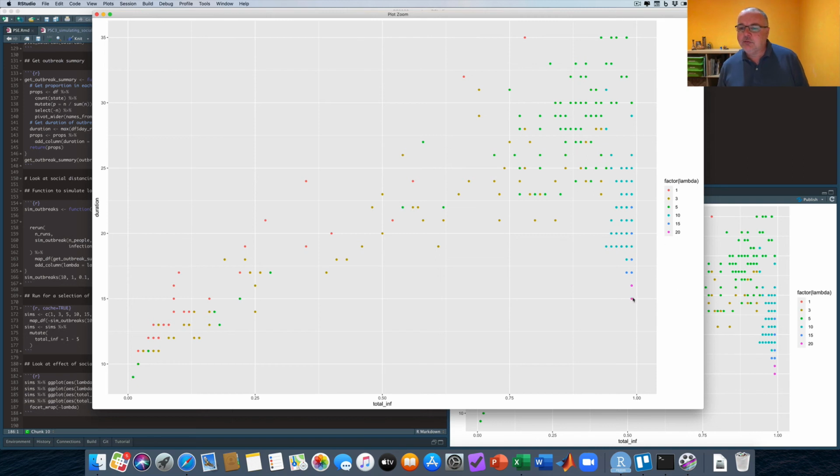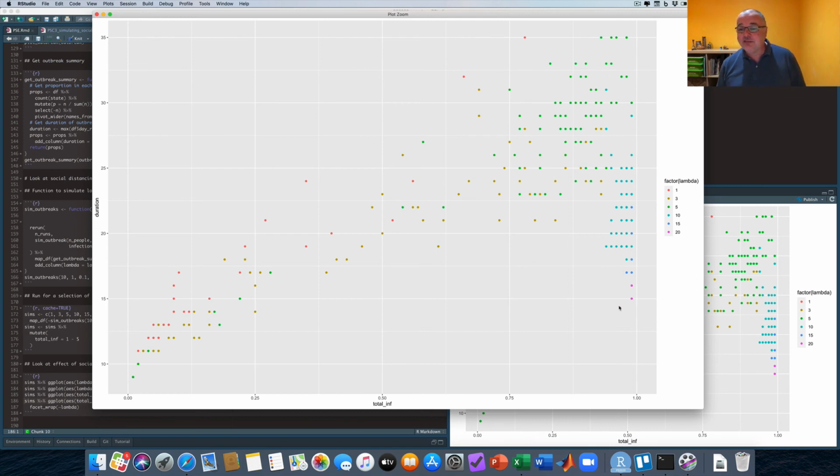So here's a lambda of 20, lots of going out and meeting everyone. The reason the outbreak is so fast is it spreads through the population really quickly. Everyone gets hit really quickly, everyone recovers quite quickly, bang, the infection gets over.